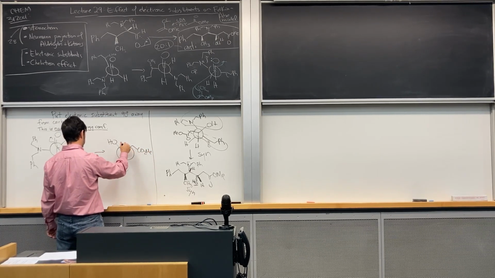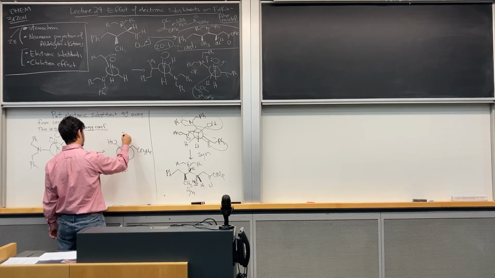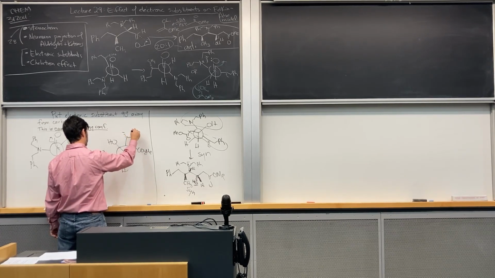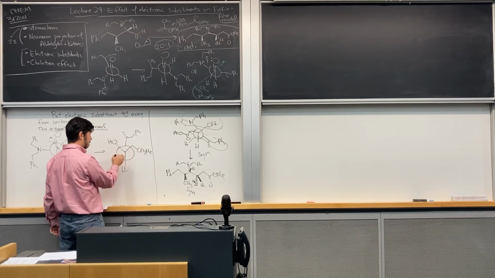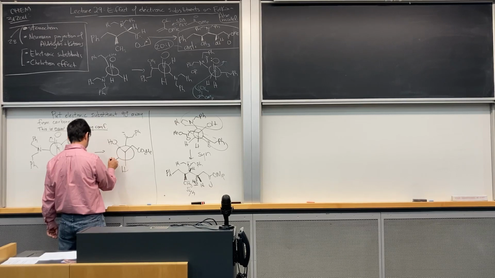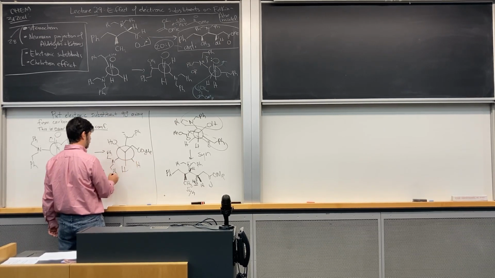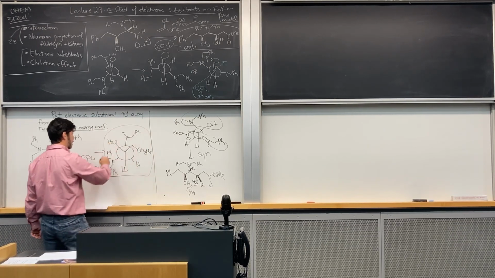Carbon methanol groups there. Everything's going to be 180 degrees from each other, and it's going to be staggered, so 60 degrees from each other. And it's going to look like this after the reaction.